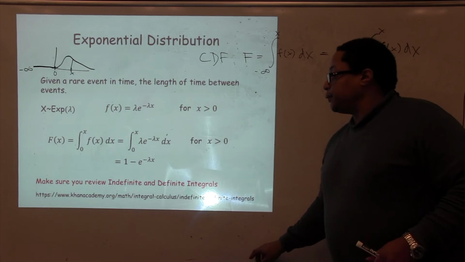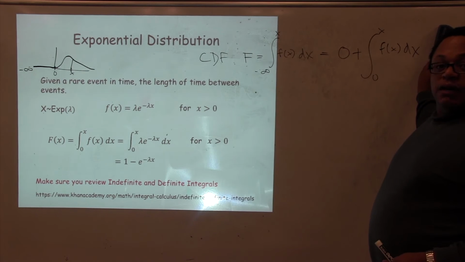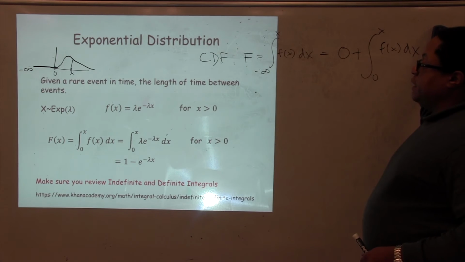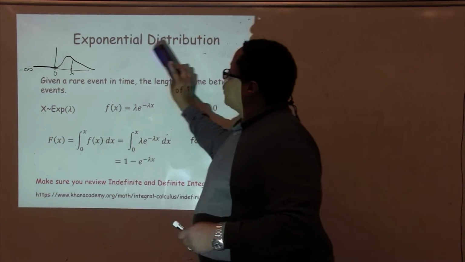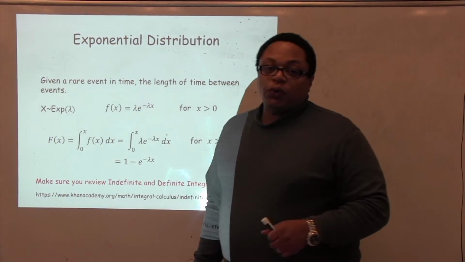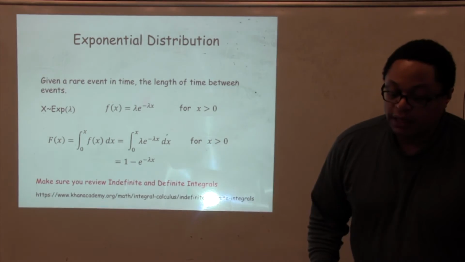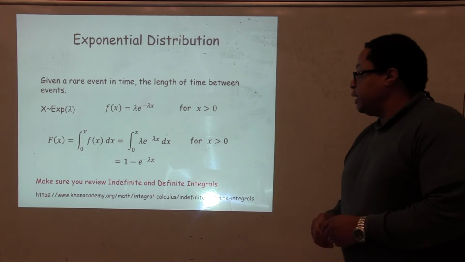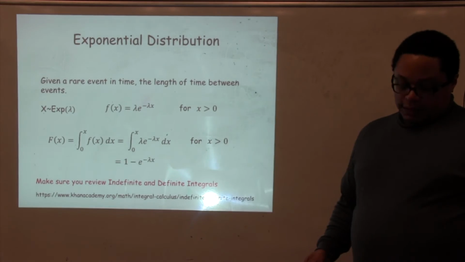In order to do that, we're going to make use of calculus. Specifically, we're going to make use of the definite integral. So please make sure, and I have a URL there on something like Khan Academy or the equivalent, that you're reviewing the definite and the indefinite integral.